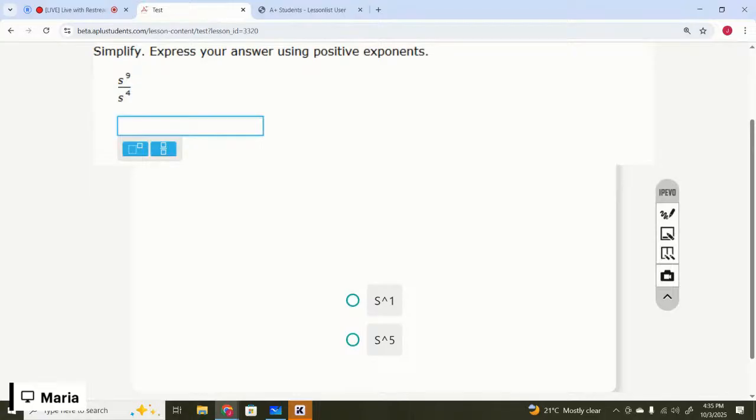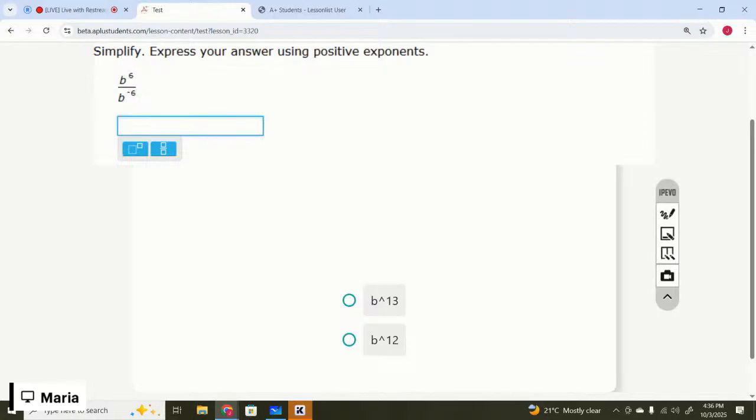S9 divided by S4. So which is the correct option? That is S exponent 5.